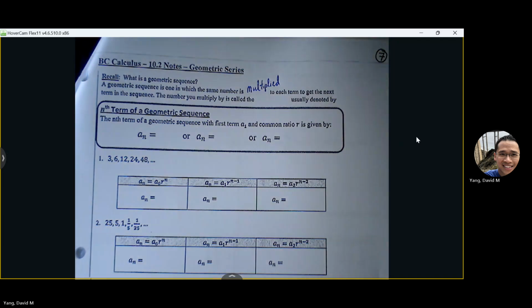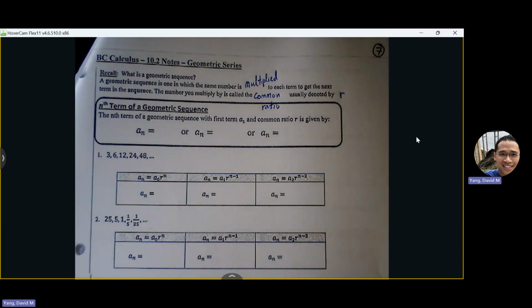A geometric sequence is one in which the same number is multiplied to each term to get to the next term in the sequence. The number you multiply is called the common ratio, denoted by the letter r.